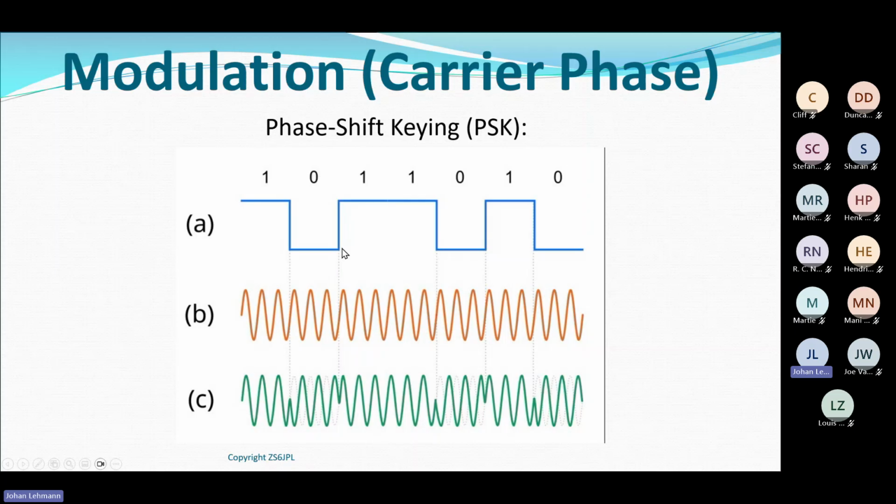When it changes from a 0 to a 1, my carrier frequency will stop immediately and start again 180 degrees out of phase. If you work this graph out nicely, and you can look at the lecture afterwards again, you'll see every time there's a state change, going from a true value to a not true value, or from a 1 to a 0, I stop my carrier and start it again at a different phase point.